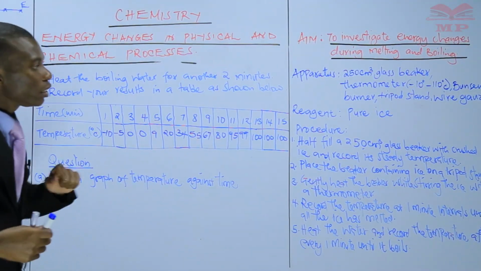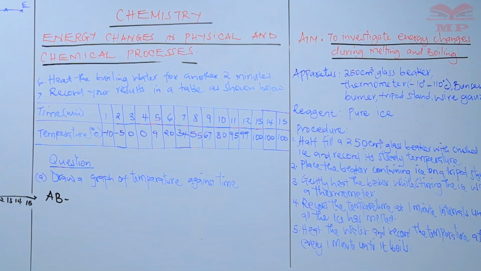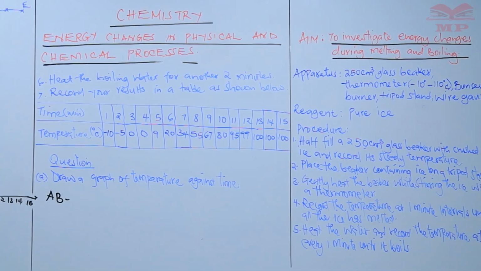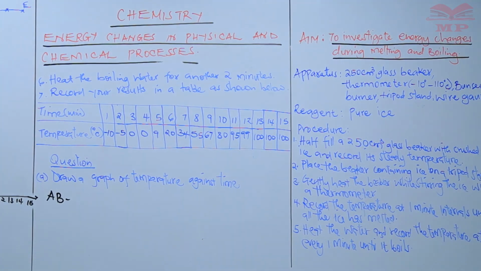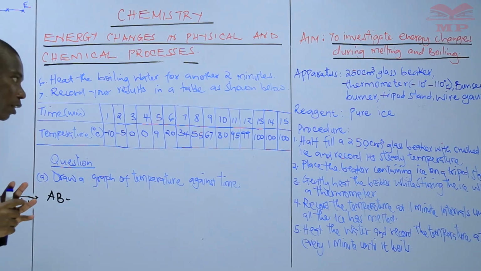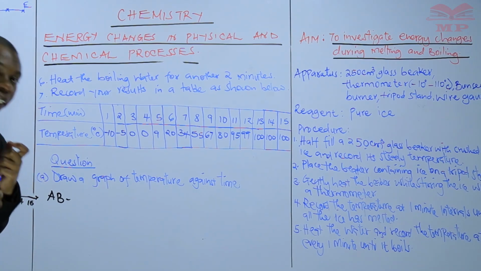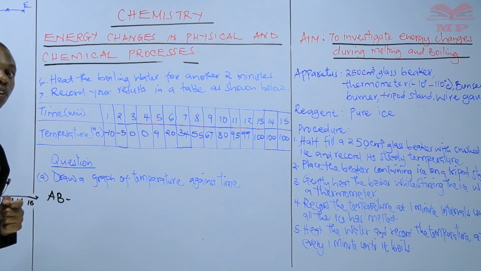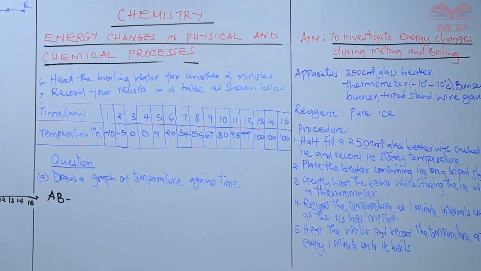So when you recorded the steady temperature, then at that point it was -10. Temperature is -10. You now started heating this ice. When you heated this ice, then the temperature started rising. So the temperature rises.